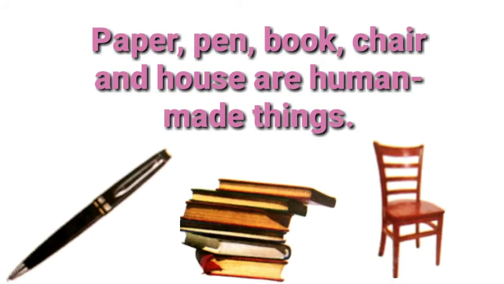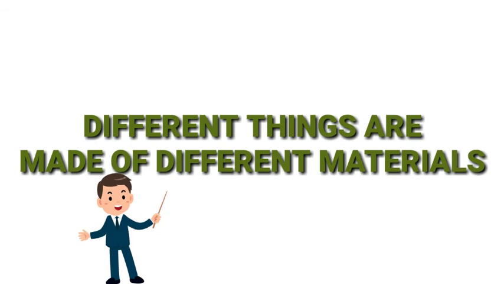This is the definition. Now we'll see some examples. Paper, pen, book, chair and house are human-made things. There is a big list. I have given you a few examples of human-made things.